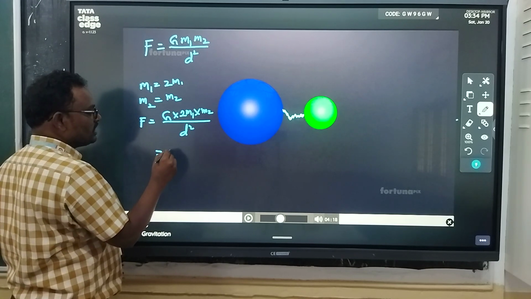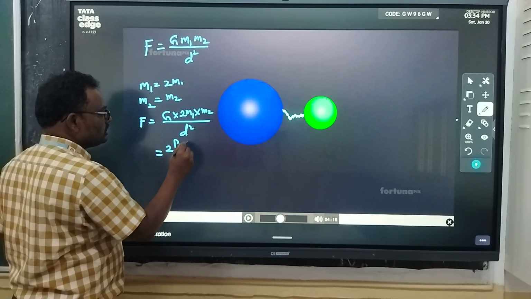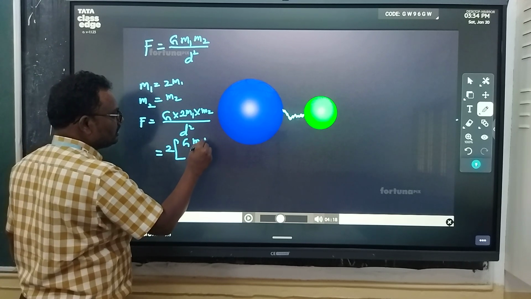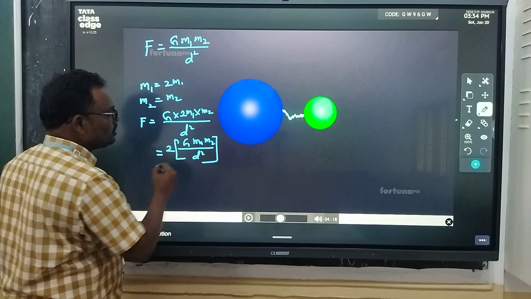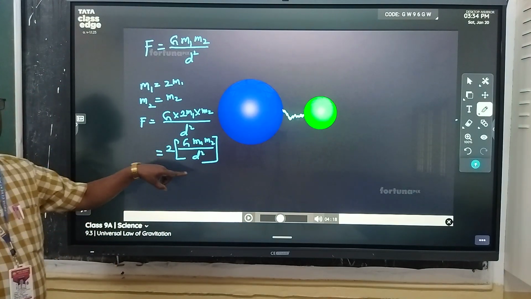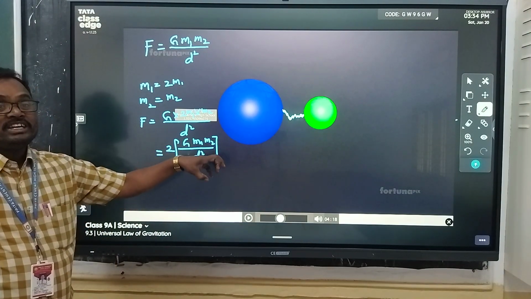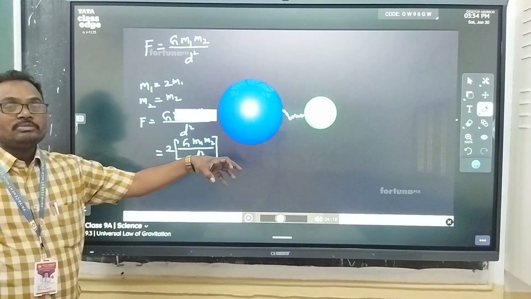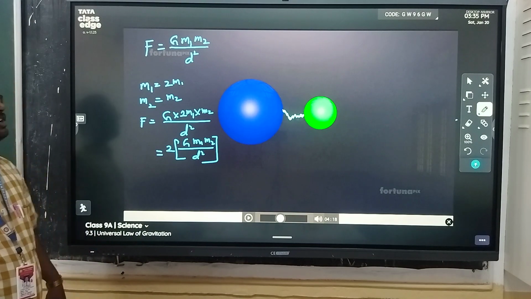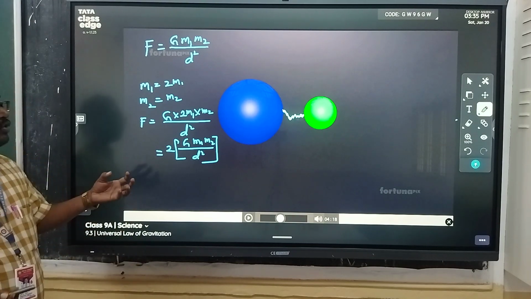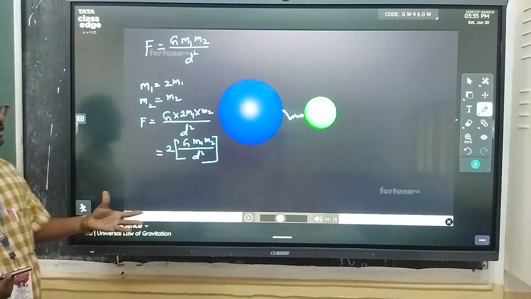So we can write this as 2 into G m1 m2 by d square. When the mass of one body is doubled, the force of gravity between the two bodies becomes 2 times. If both bodies are doubled, the force of gravity becomes 4 times.